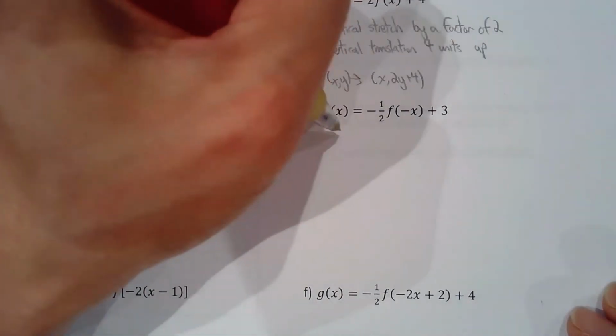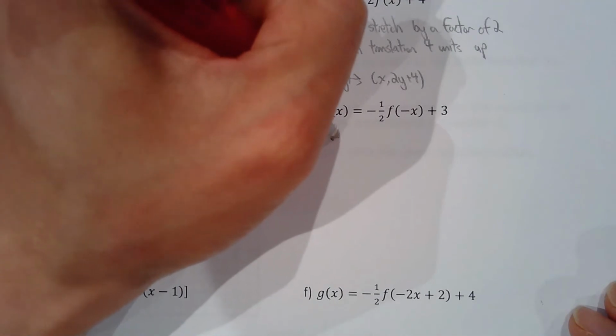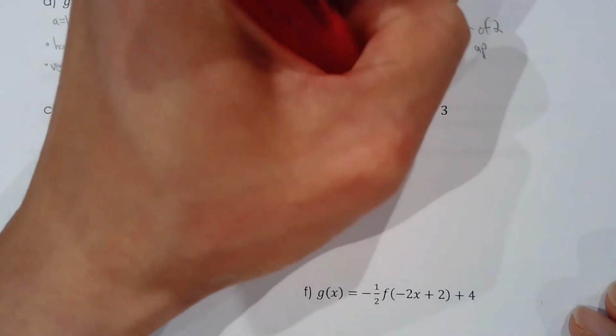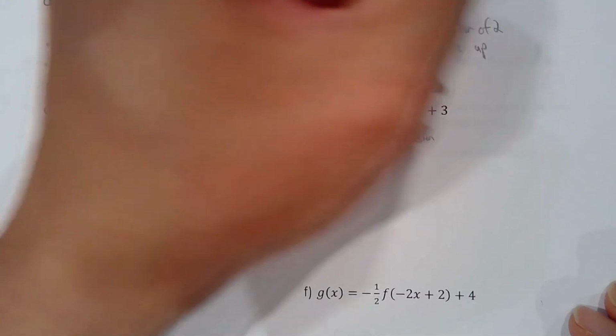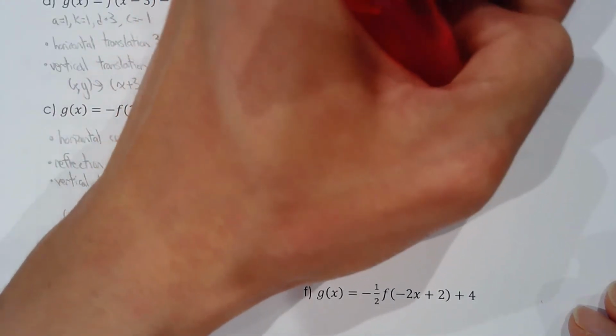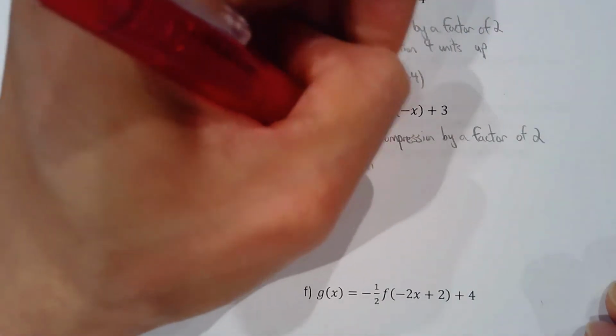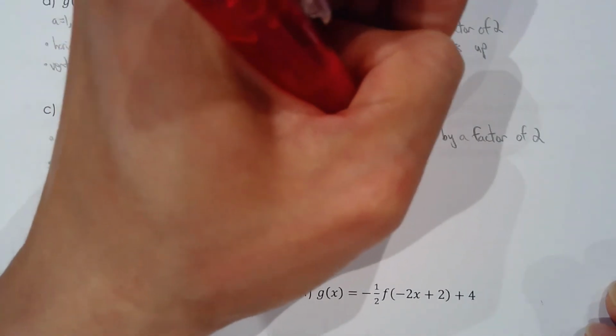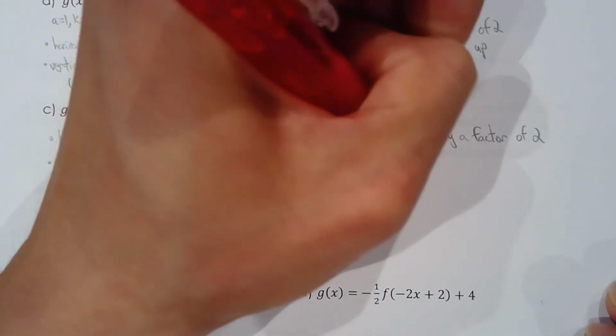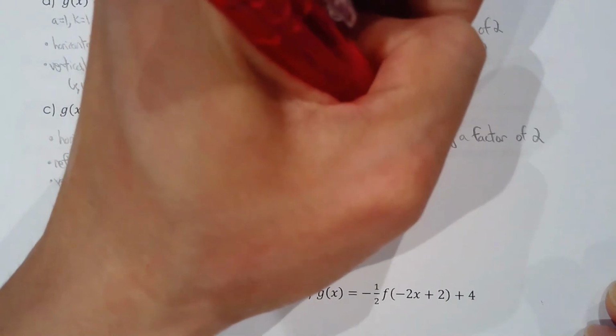Okay, what do we have here? Vertical compression by a factor of 2. Reflection with respect to the x-axis.